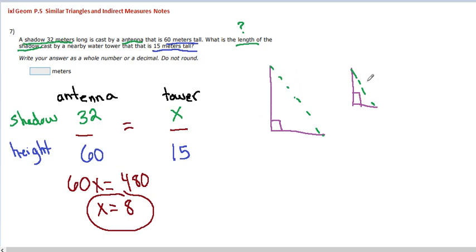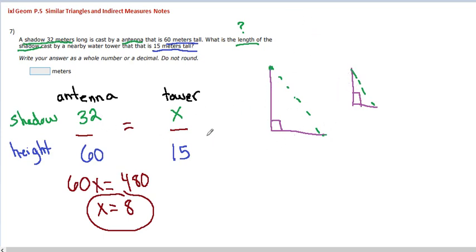You've got similar triangles. So that's the reason that we're able to figure out the height. We could figure out the length of the shadow. We could also figure out how far it is from this point to this point, by using the triangles. Anyway, that's what I did.